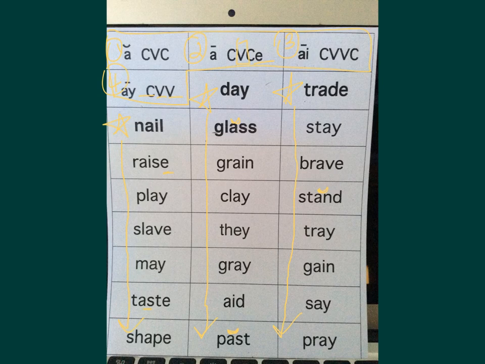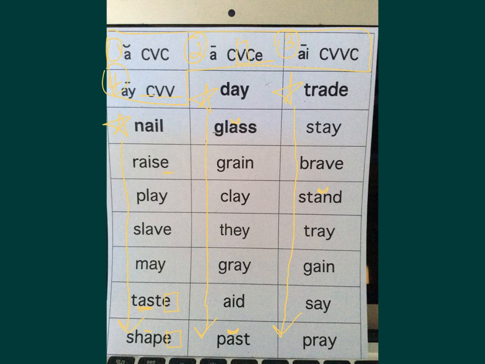We have an A, consonant, E. That E is making the A say its own name. Then I have the word shape on the bottom. Again, A, consonant, E. Notice how I keep repeating the words, looking for the sounds. It's very important to say the words either out loud in a whisper voice or in your head so you can hear the sounds that those vowels are making.